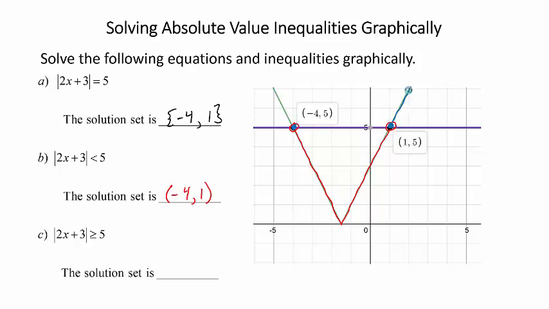And then shade the part of the absolute value of 2x plus 3 that is above, greater than. So we really have two intervals: less than -4 or greater than 1.